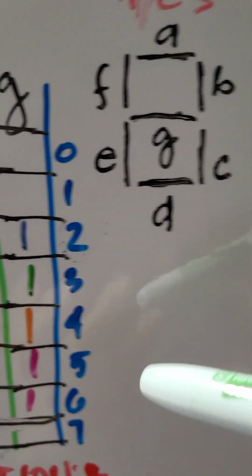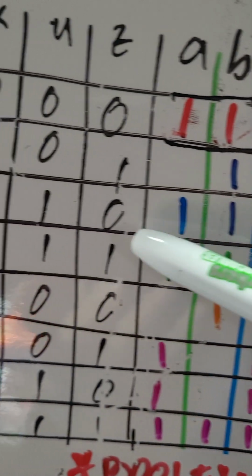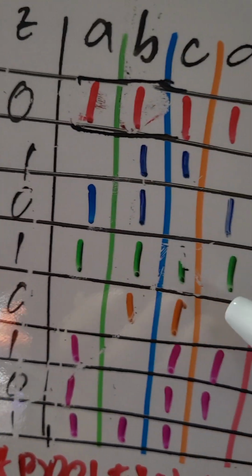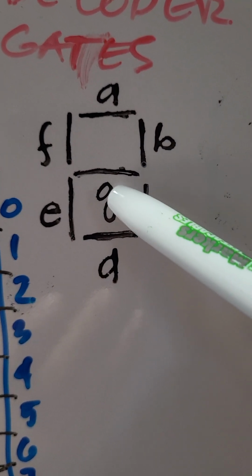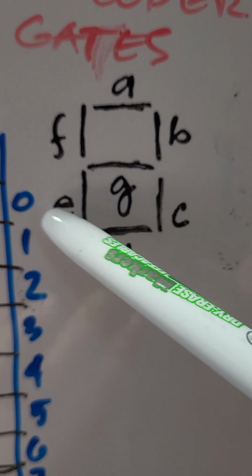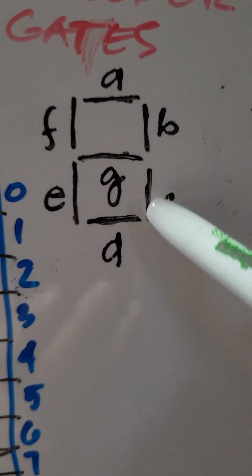Then here's the decimal equivalent. So number 2, 0, 1, 0. So it must be A, B, G, E, and D. 2.